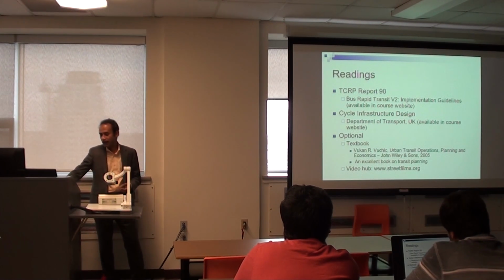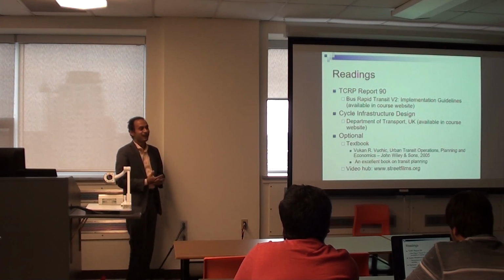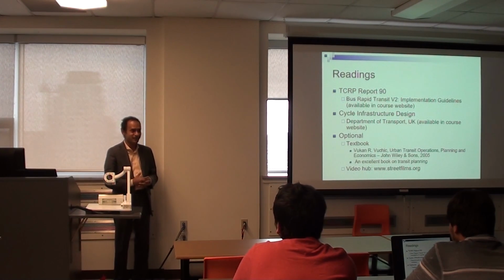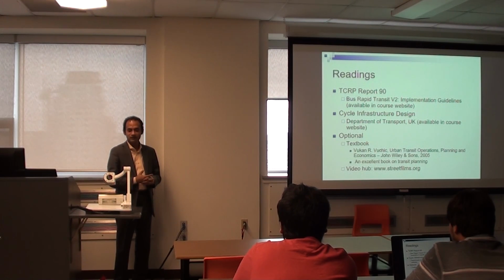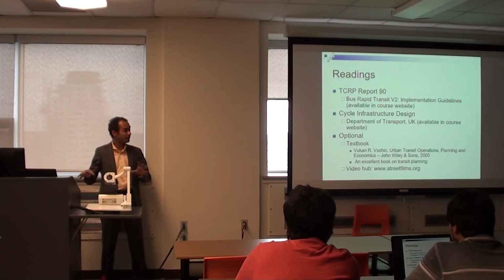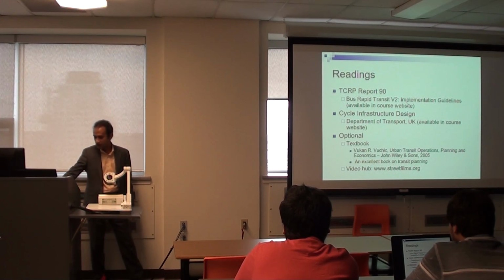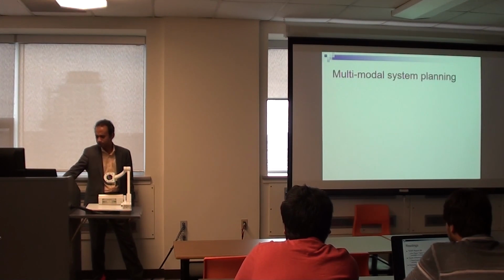And the textbook by Vukan Vuchic, who is the guru of public transit, both in the research area as well as the academic field in general. Vuchic's book is also in our library, so you can look at some of the chapters, but I will extensively cover in the lecture most of the concepts that you would need.